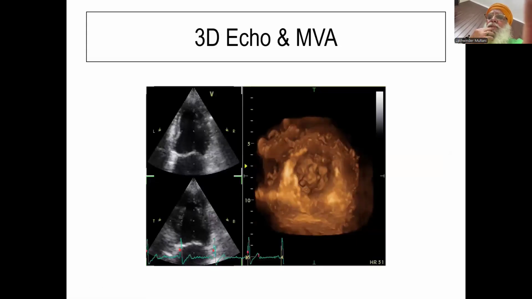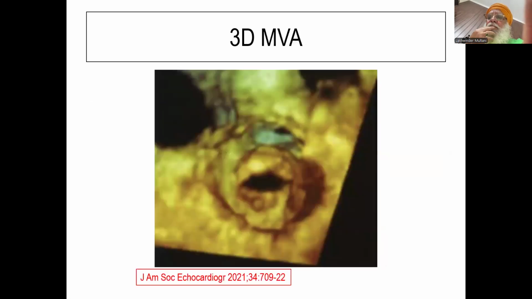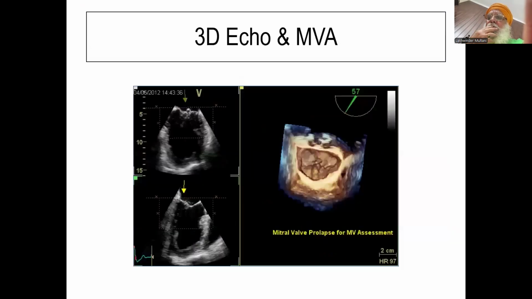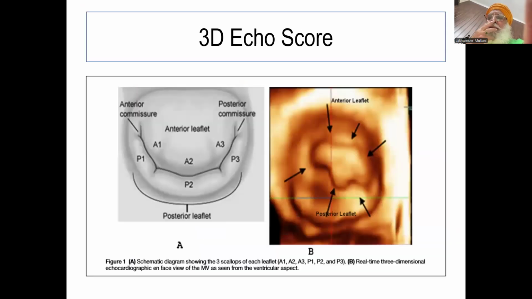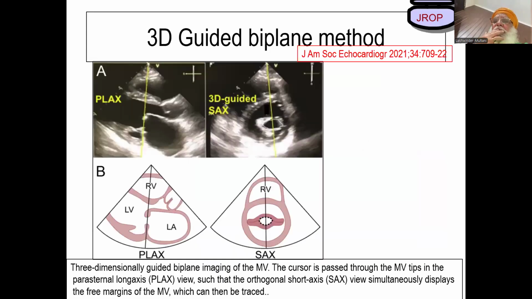Fortunately, this issue has been addressed very easily by the new generation 3 dimensions echocardiography machines, where they started looking at these in 3 dimensions. This is known as biplane in GE and X-plane in Philips. You can see the cut line where you are cutting the mitral valve area at the tip of the mitral valve leaflet.